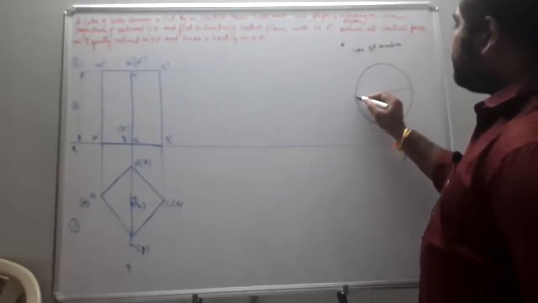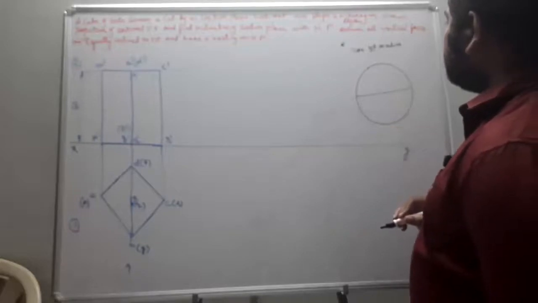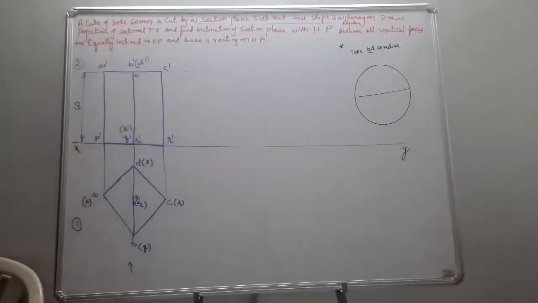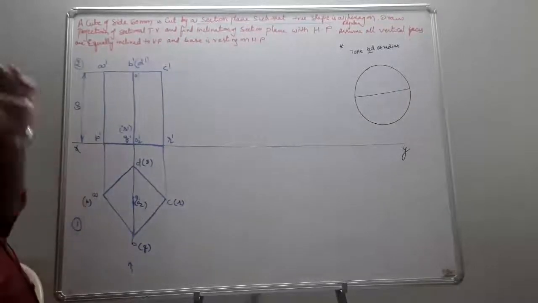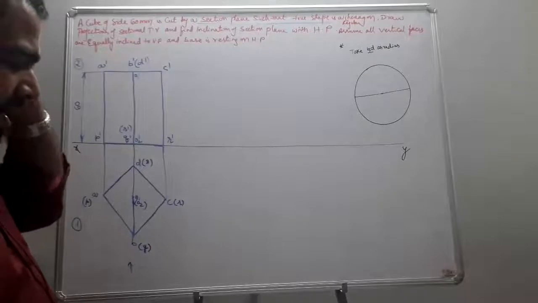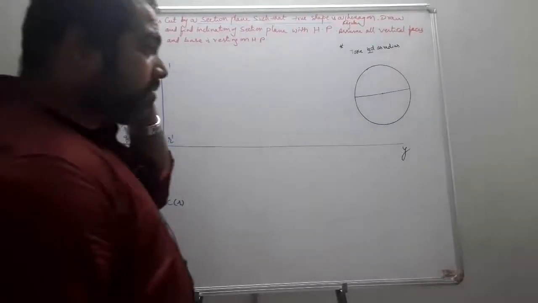Next, with the center and the side as radius, you already know how to describe a hexagon in a circle. In geometrical constructions, we know how to inscribe a hexagon inside a circle. You just follow that procedure.